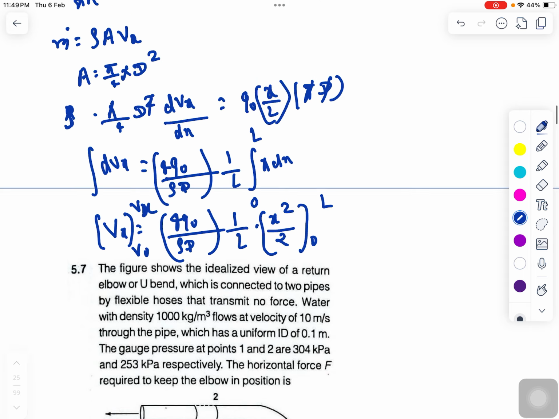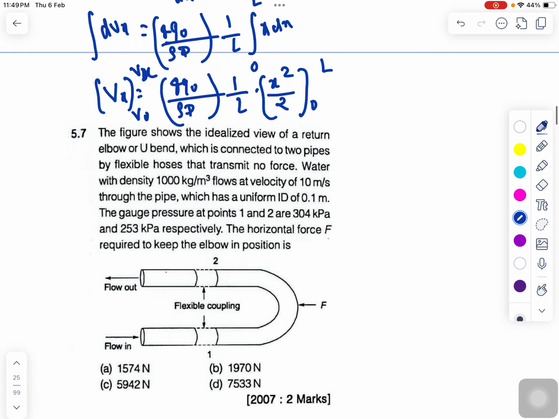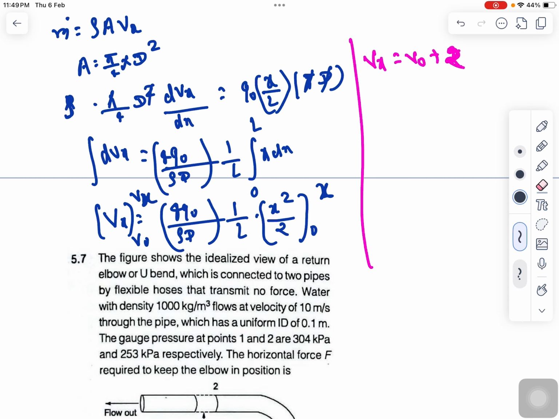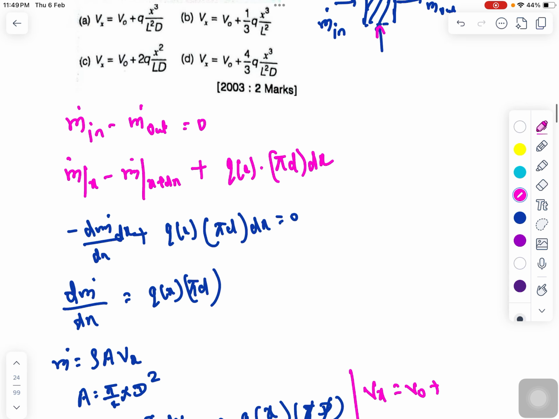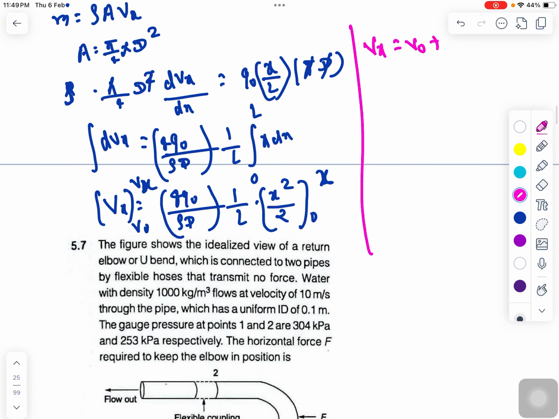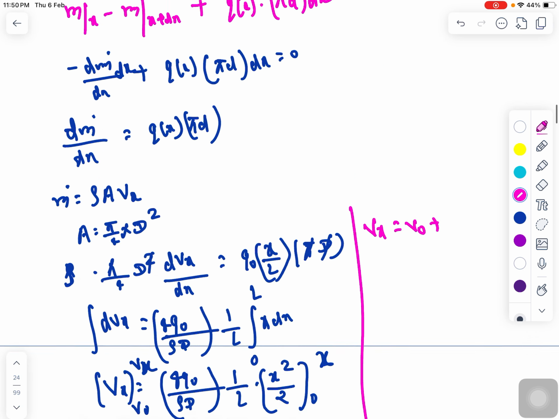Is that clear? We are supposed to find out the velocity profile only. So once we substitute, let's say, 0 to x, what will I get? Vx equals v naught plus... I think I have written something wrong here.